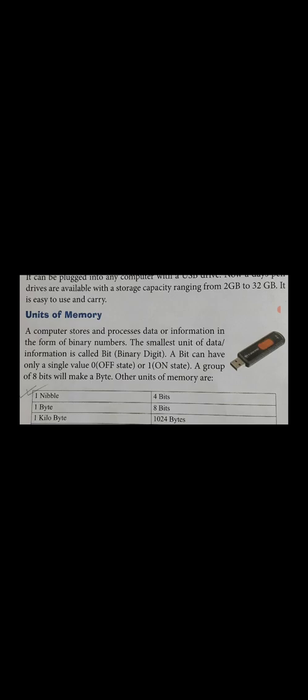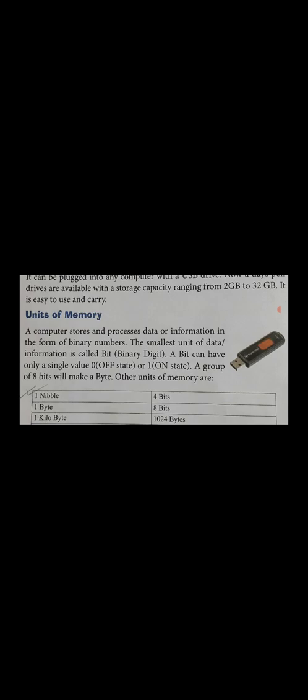So these are binary numbers, and the smallest unit of data and information is called a bit. A bit can have only a single value, 0 or off state and 1 or on state.